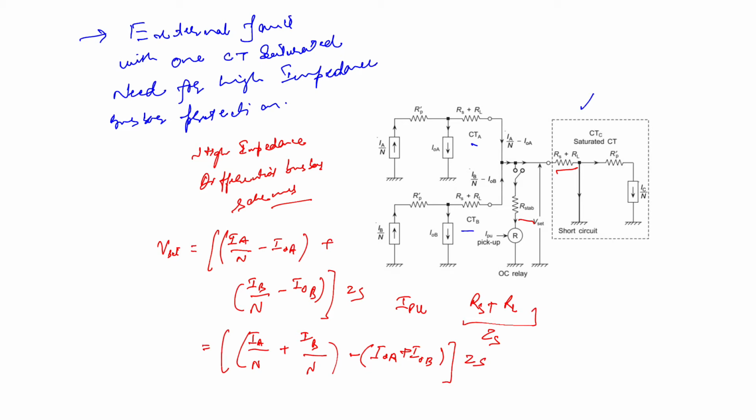This is V set, the voltage across the stabilizing resistance.